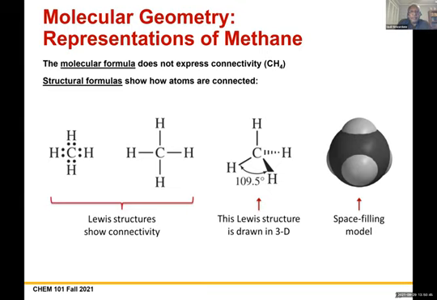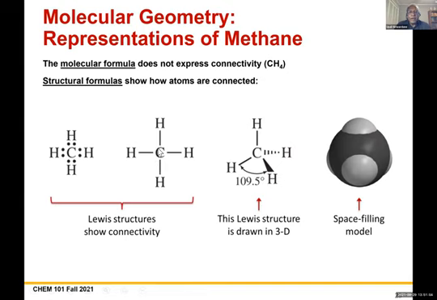For example, the first two Lewis structures are structural formulas. They show the connectivity. They've been written to follow the octet rule. We talked about that before.